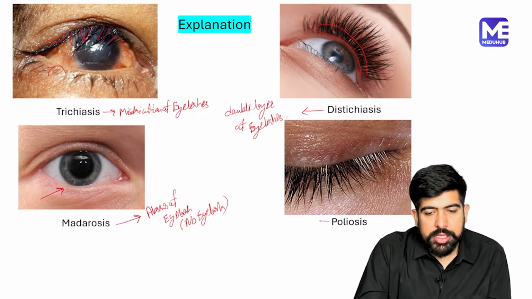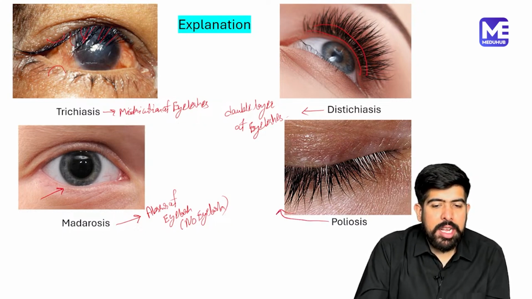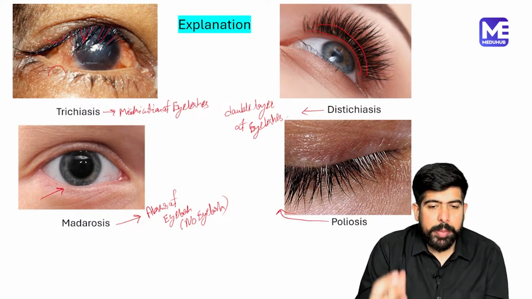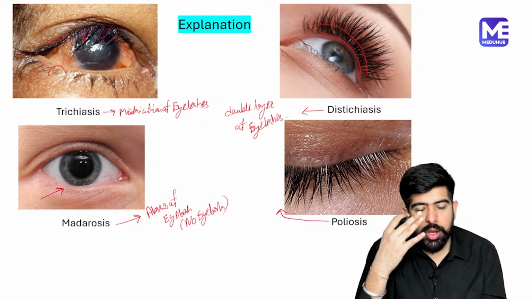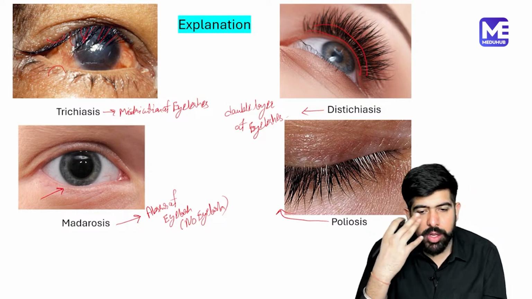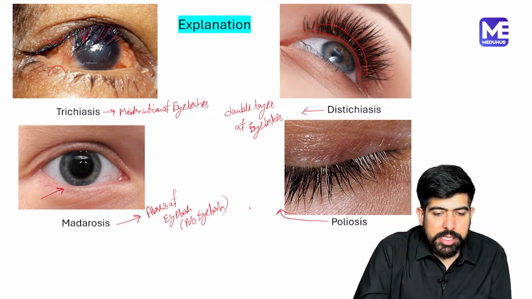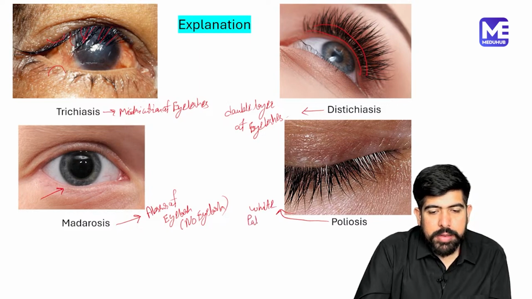What is the meaning of poliosis, guys? Please remember, poliosis can be seen in any part of the body where we have hair, maybe in your scalp, on your beard, on the face, or on your eyelashes. So there are white patches of hair.